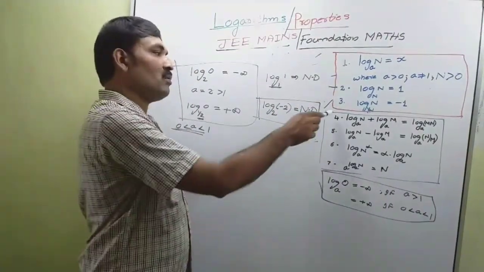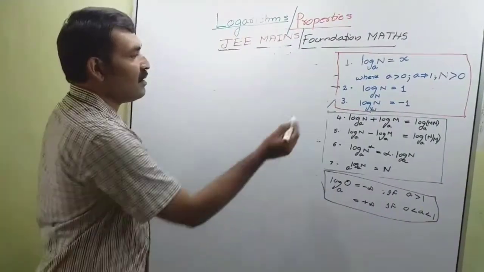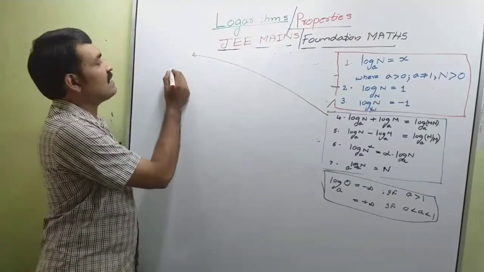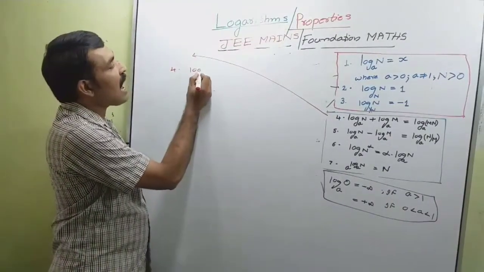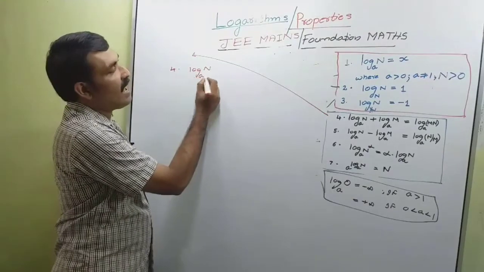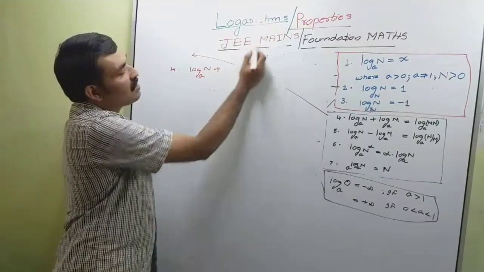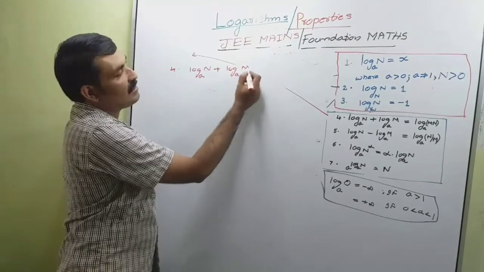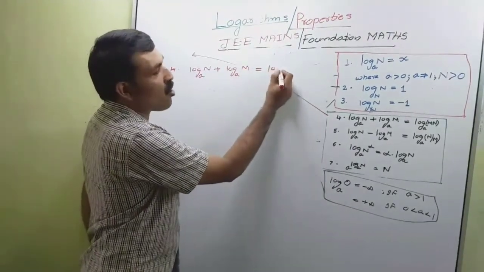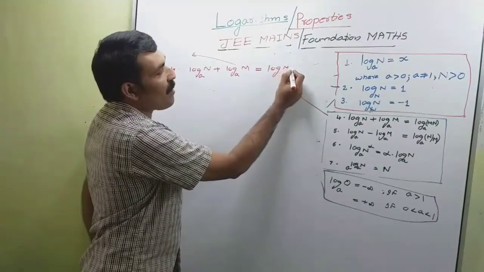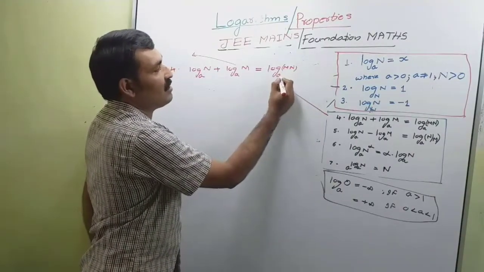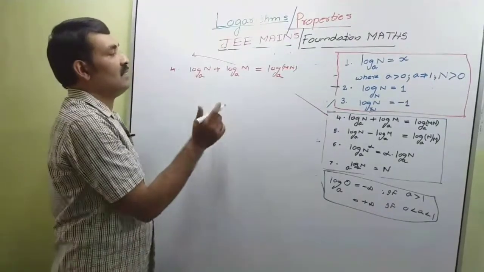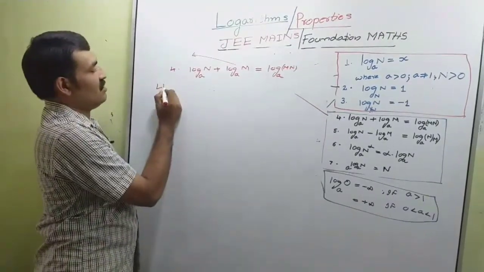Now we want to prove all these properties. Consider the fourth property. Fourth property is log n to the base a plus log m to the base a is equal to log of the product mn to the base a. Base is same, right? Now we want to prove this. Consider the LHS.